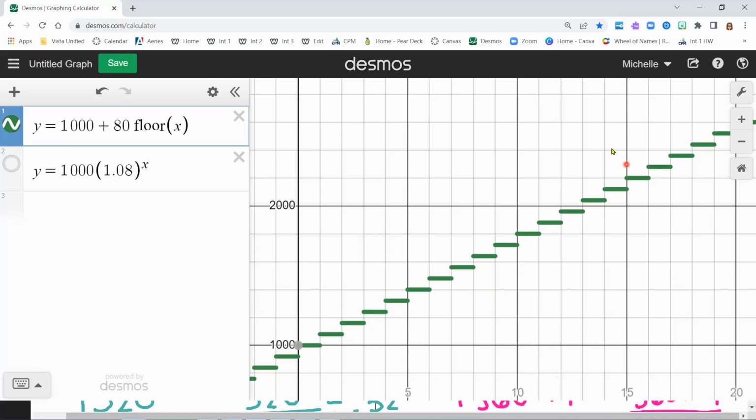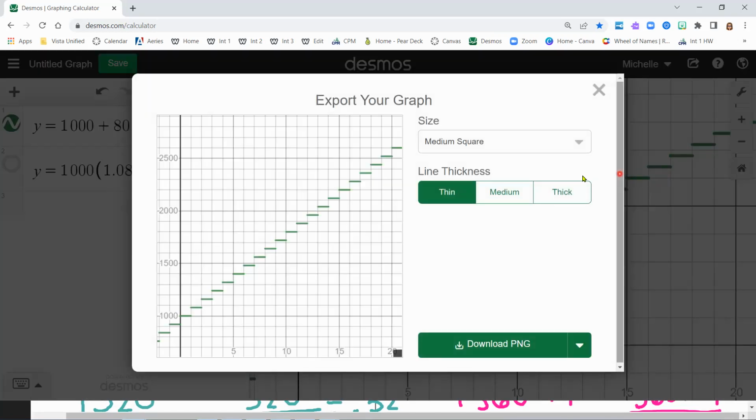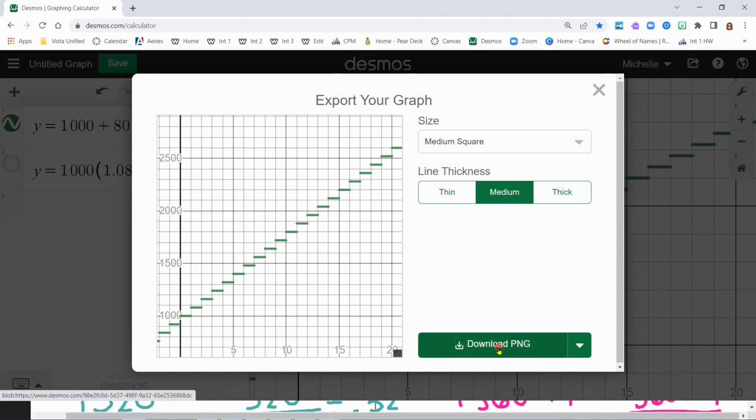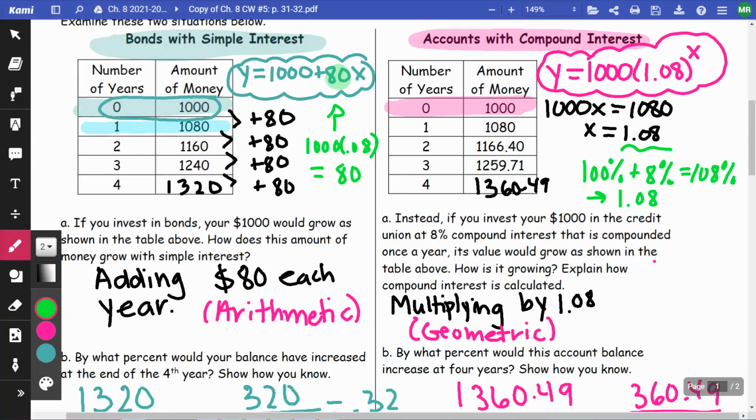So I'm going to take this and put this onto my graph. I'm going to come up here to the share, click down here on export image. I'm going to do it as this medium one, and I am going to download it. So now I have it. And I am going to move this for a second.